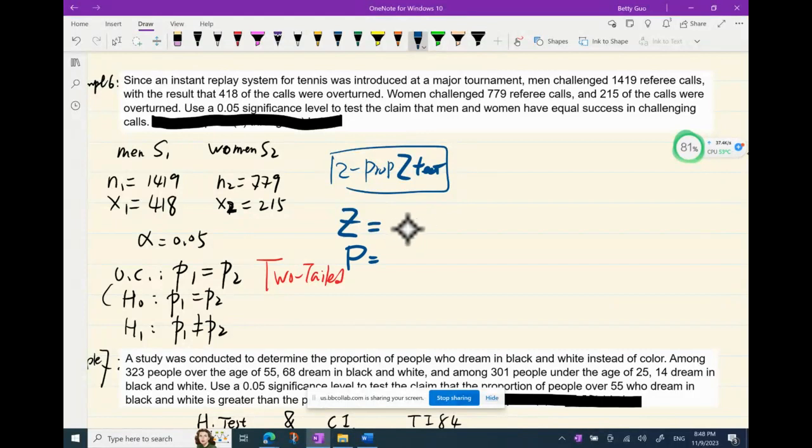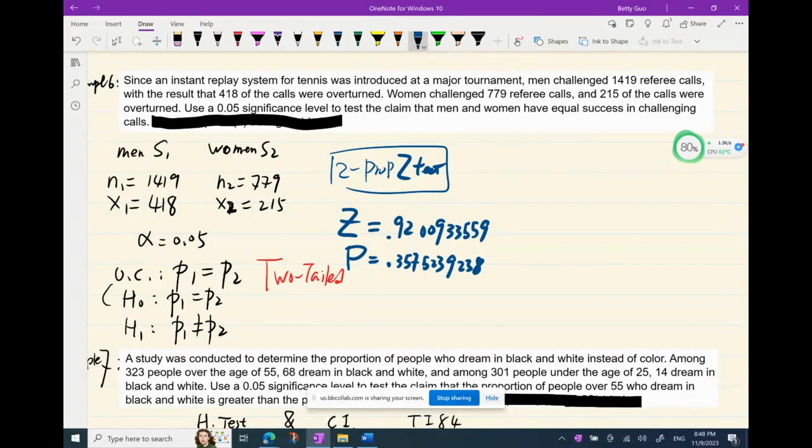This is my p. Okay, that's my result. What do you have?